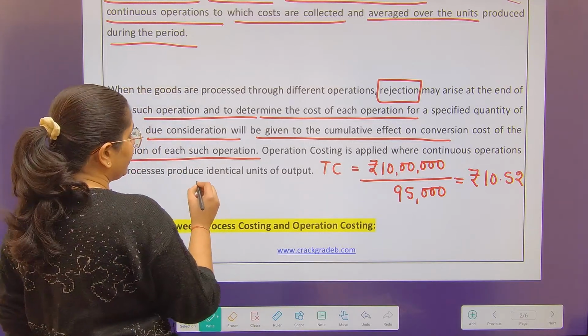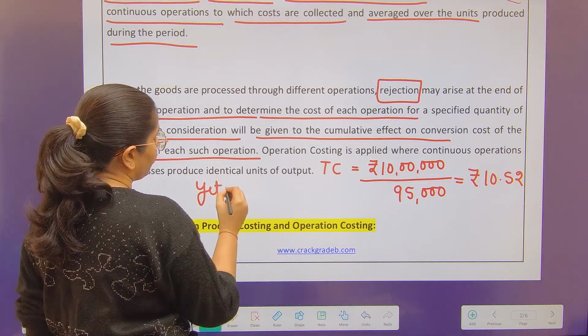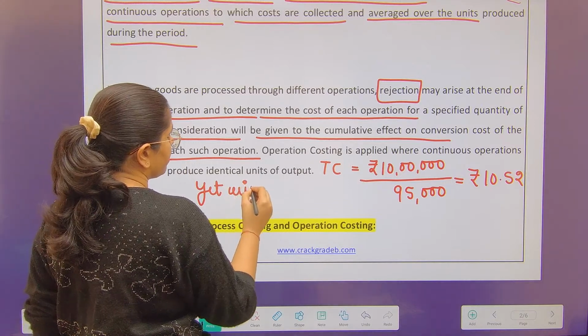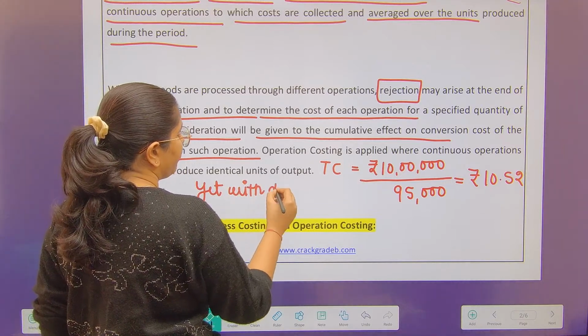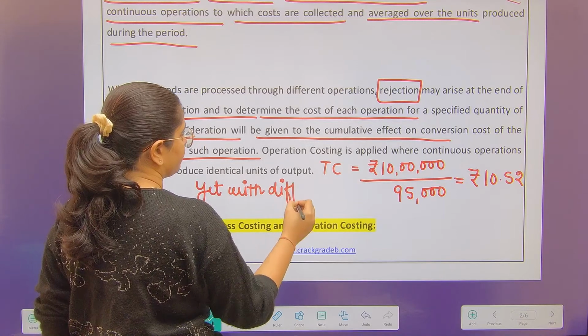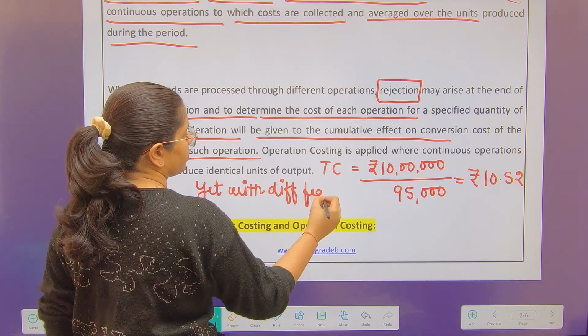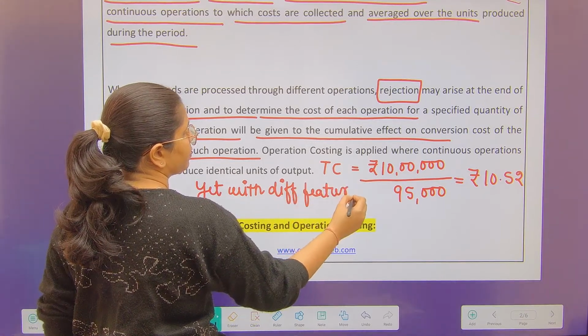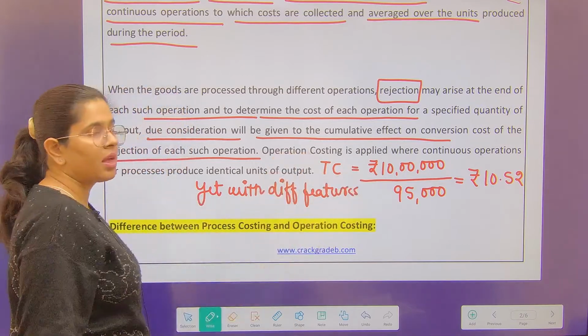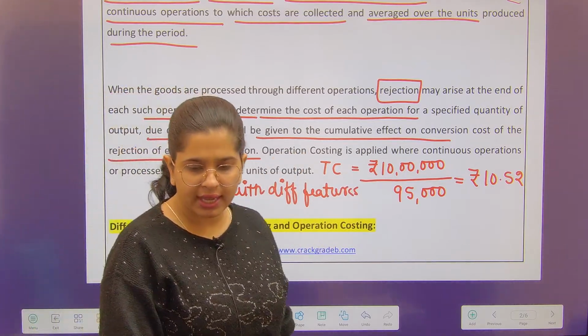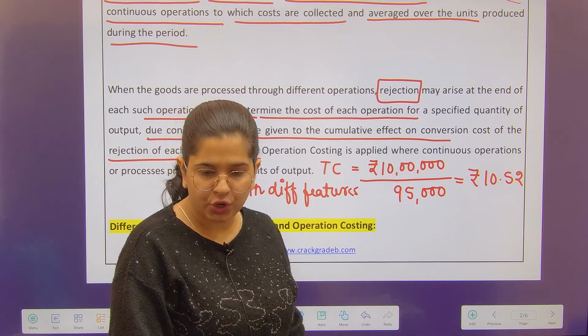Identical yet with different features. I hope now you have got the essence of your operation costing.